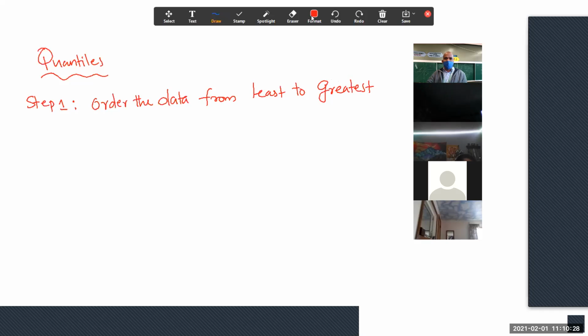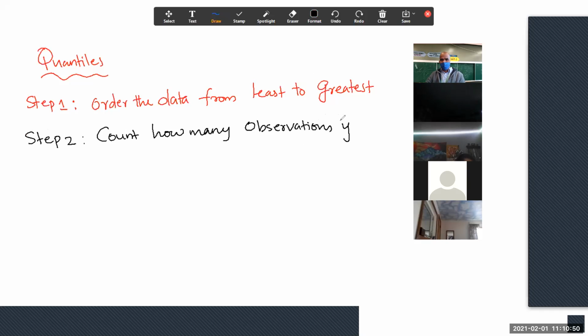Okay, then step two is count how many observations you have in your data set. I believe if you can note this down, that will help you for future problems.